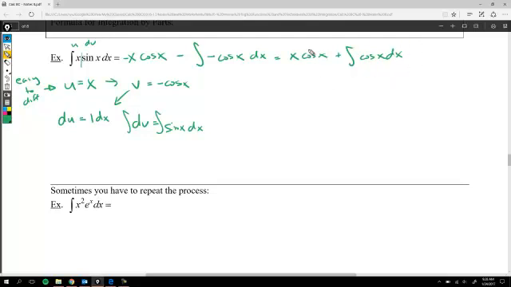The complicated part is out here, and I'm not doing the integral of that, I'm doing the integral of this. So the fact that this is still complicated is fine. This is now much easier. The integral of cosine is sine plus c, and we're done. What integration by parts did is rewrite our integral in a way where we can actually take it.